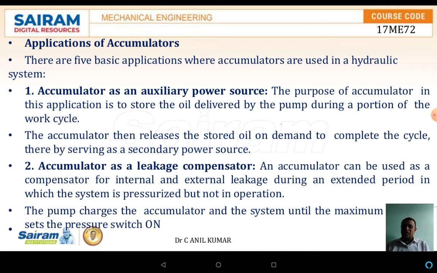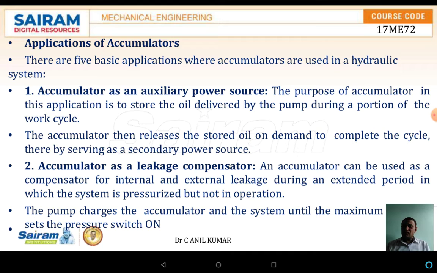The accumulator then releases the stored oil on demand to complete the cycle, thereby serving as a secondary power source, and the pressure is maintained throughout the system.